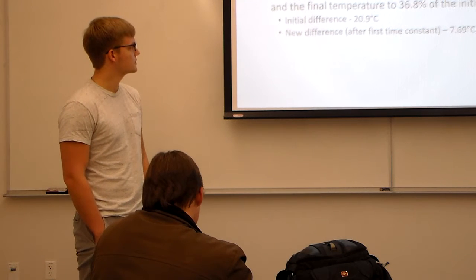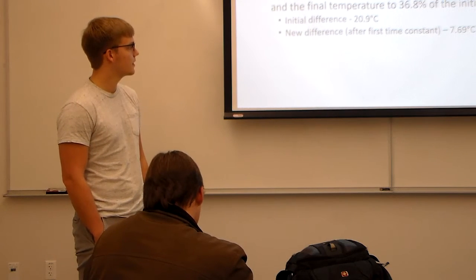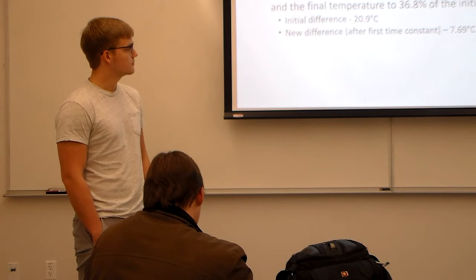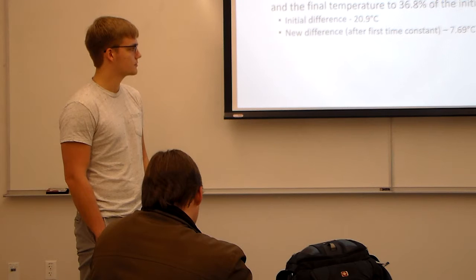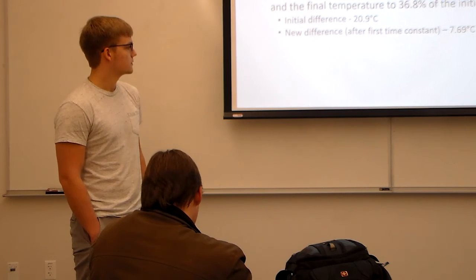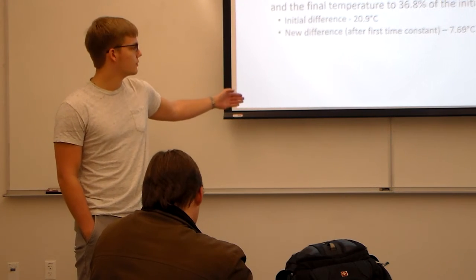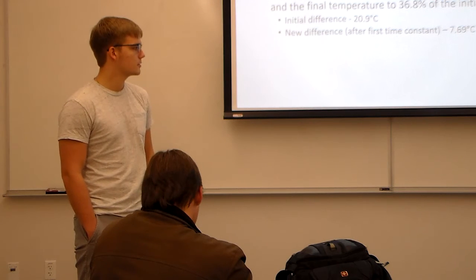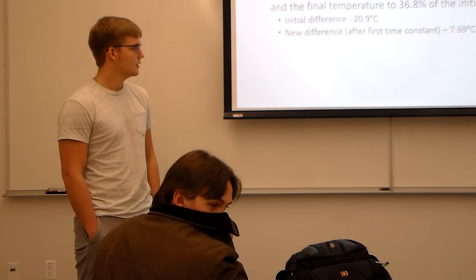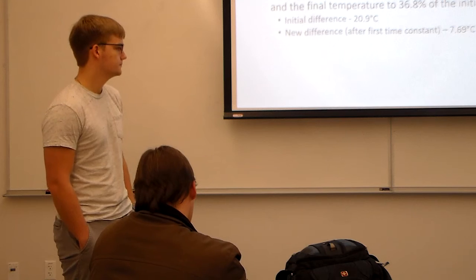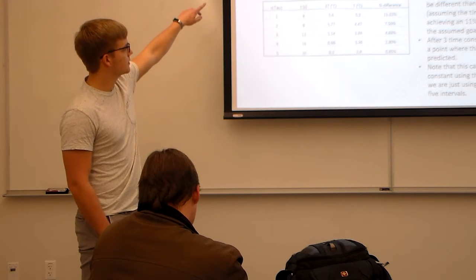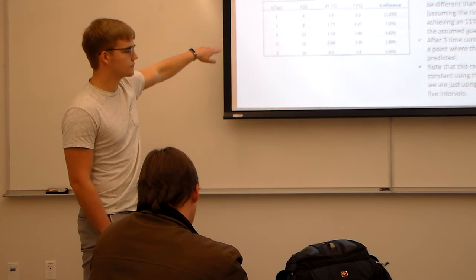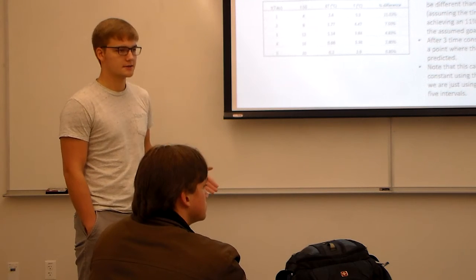From our differences in temperature, the first time constant should bring the difference between the initial temperature and the final temperature to 36.8% of the initial difference. The initial difference was about 20.9 degrees, and the new difference would be about 7.69 degrees Celsius.